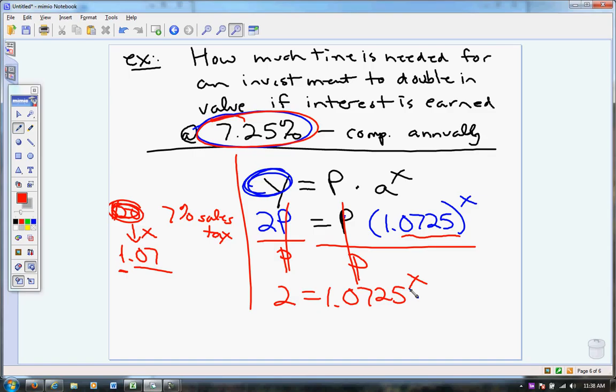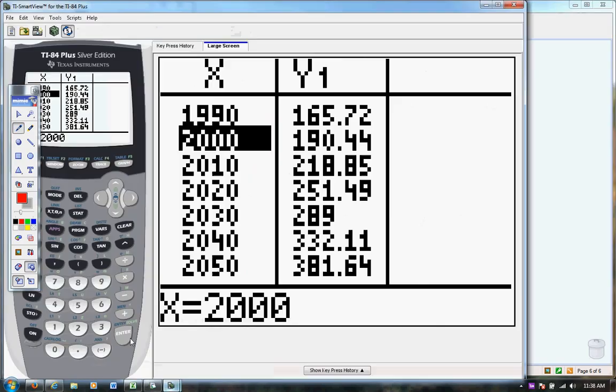This is where we are going to graph this and look for an intersection on the graphing calculator. This is the quickest way that I know to do this problem: graph y equals 2, graph 1.0725 to the x, and look for the point of intersection. I think it's by far the quickest way to do this problem.